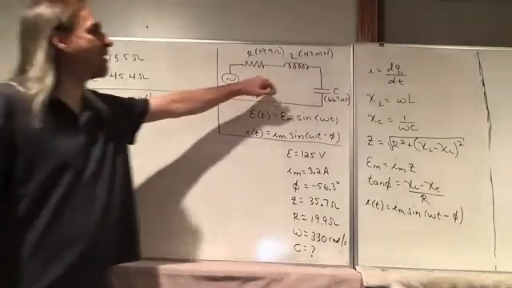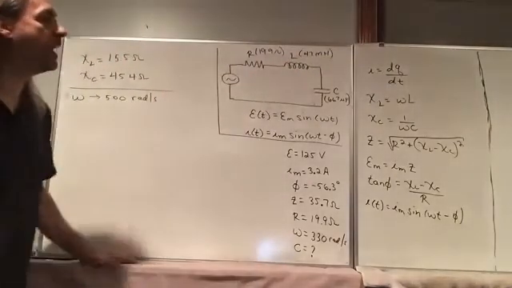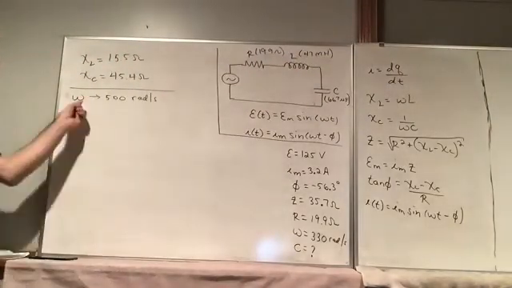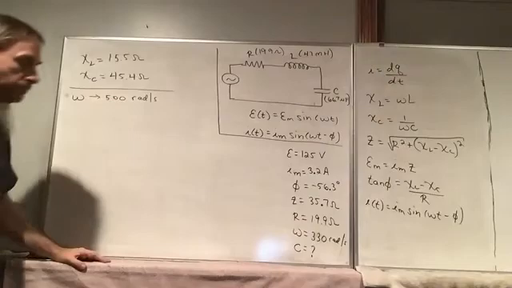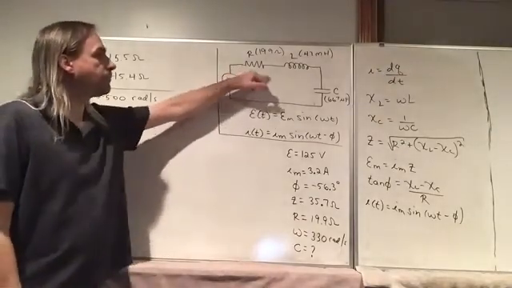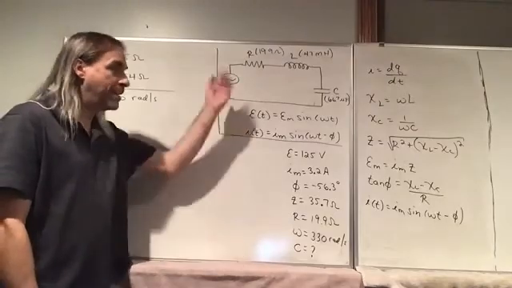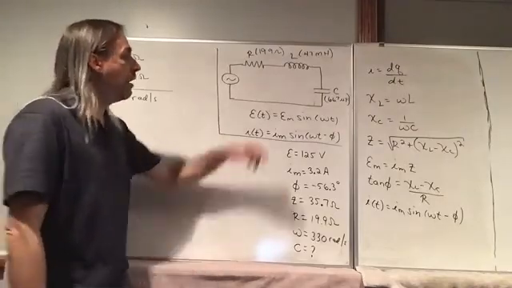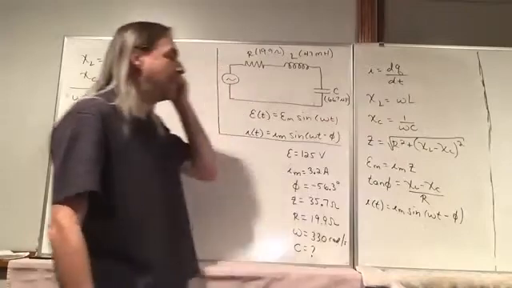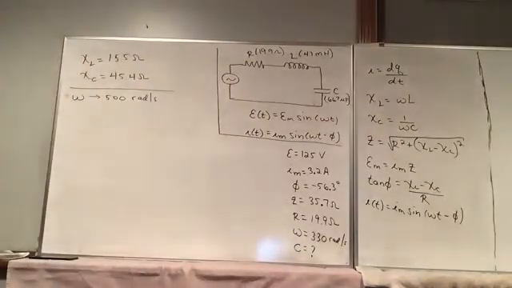That's because the inductor is trying to oppose any change in current. So if we increase omega, the inductor is not going to like that. The capacitor, though, is going to be happy. If we increase that, the capacitive reactance is going to drop.